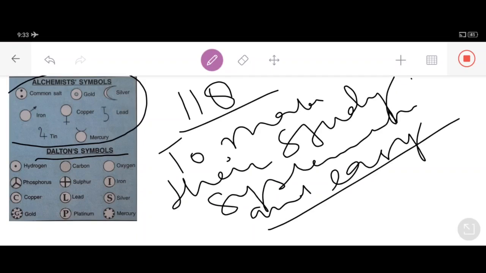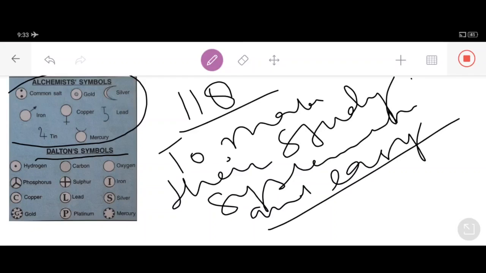Mark my words and keep it in your minds. As far as our periodic table is concerned, you will see that some elements have been named after their discoveries or to honor some people or places.